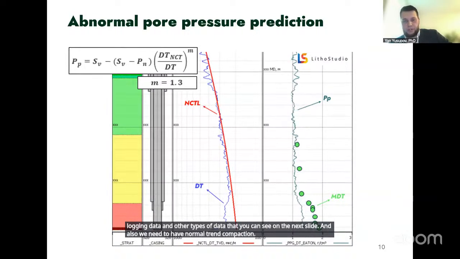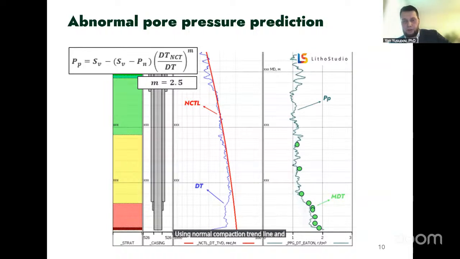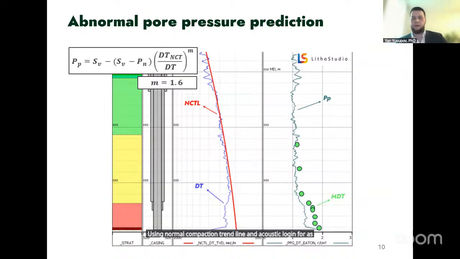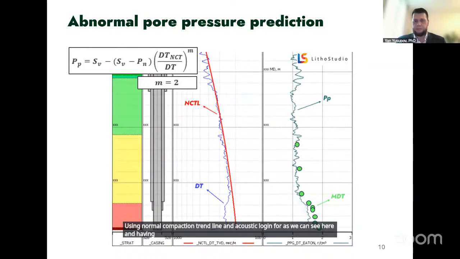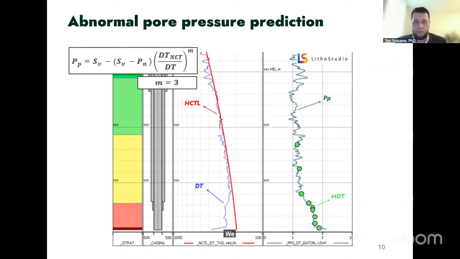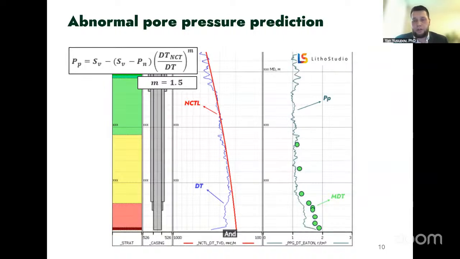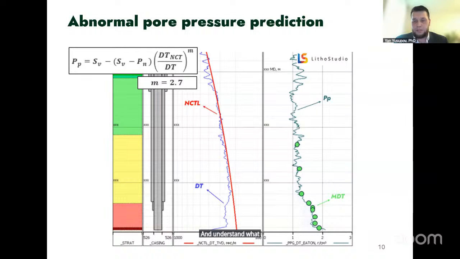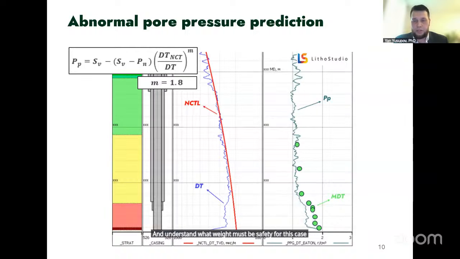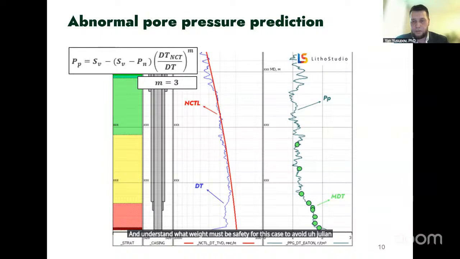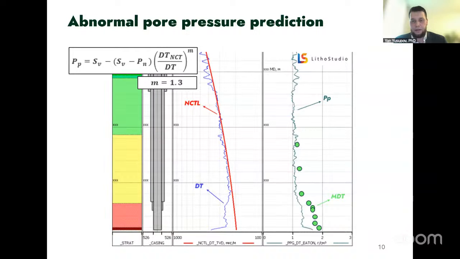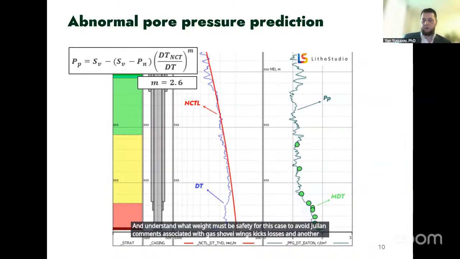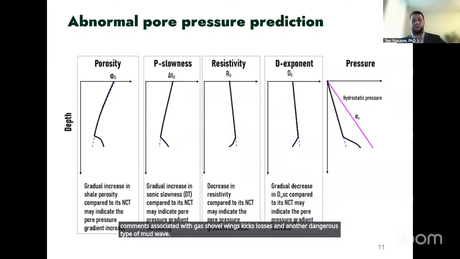Using the normal compaction trend line and acoustic logging as you can see here, and having MDT parameters, we can estimate the pore pressure prediction profile and understand which mud weight must be safe for this case to avoid drilling events associated with gas showings, kicks, losses, and other dangerous types of mud weight or drilling events.